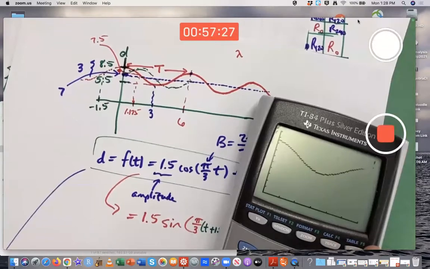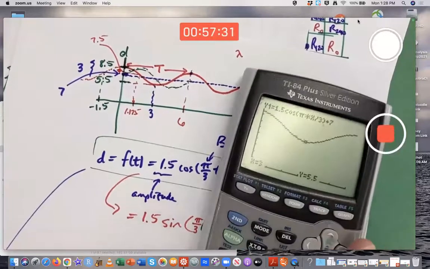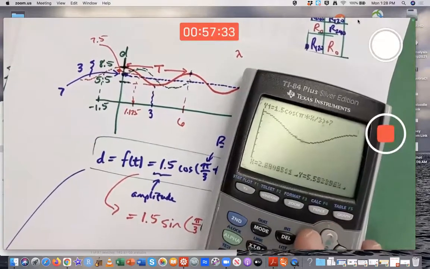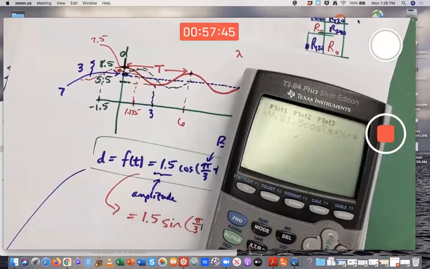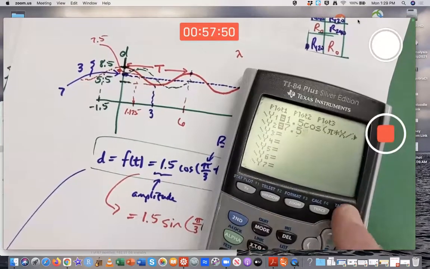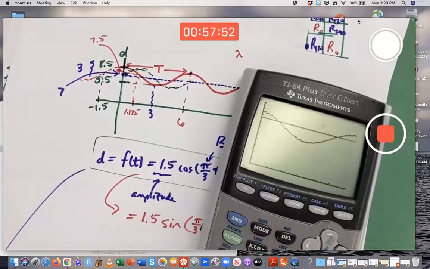There it is. The trace is going to give you approximations. If I trace this, they were pretty close to the answer. If you also graph the line y equals 7.5, you can figure out where they intersect.